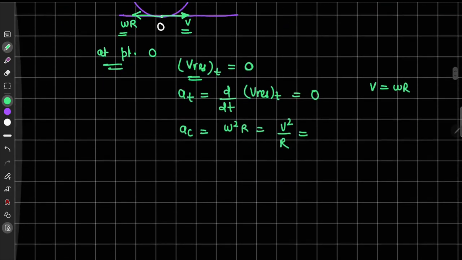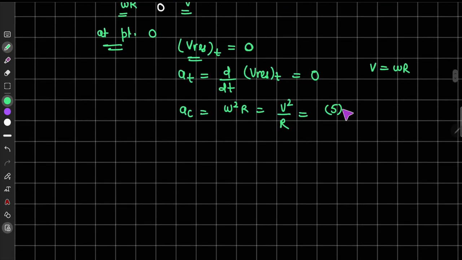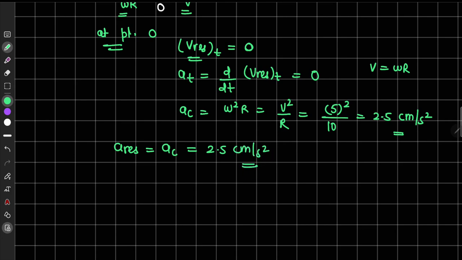So if we substitute here, we will get 5 square whole divided by r is 10 centimeter, so we will get 2.5 centimeter per second square. Okay, so if we talk about the resultant acceleration, that is nothing but the centripetal acceleration, that is equal to 2.5 centimeter per second square.